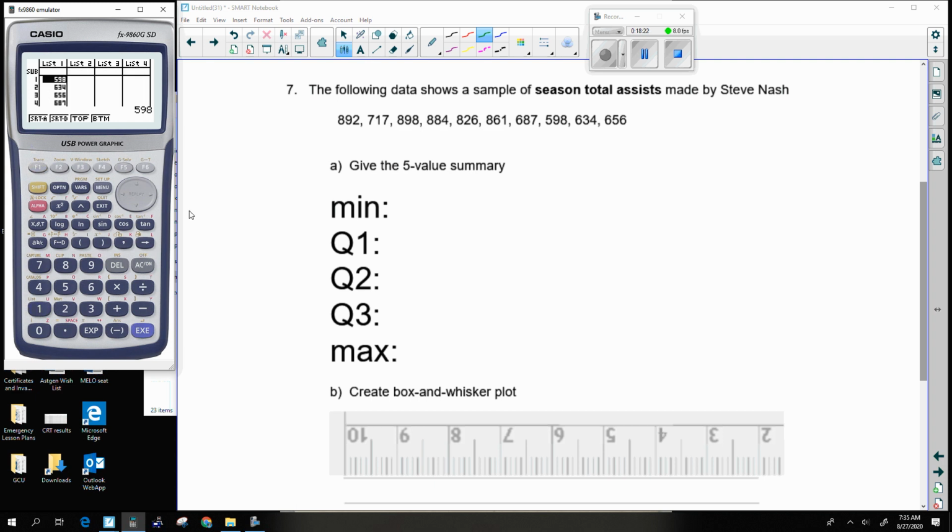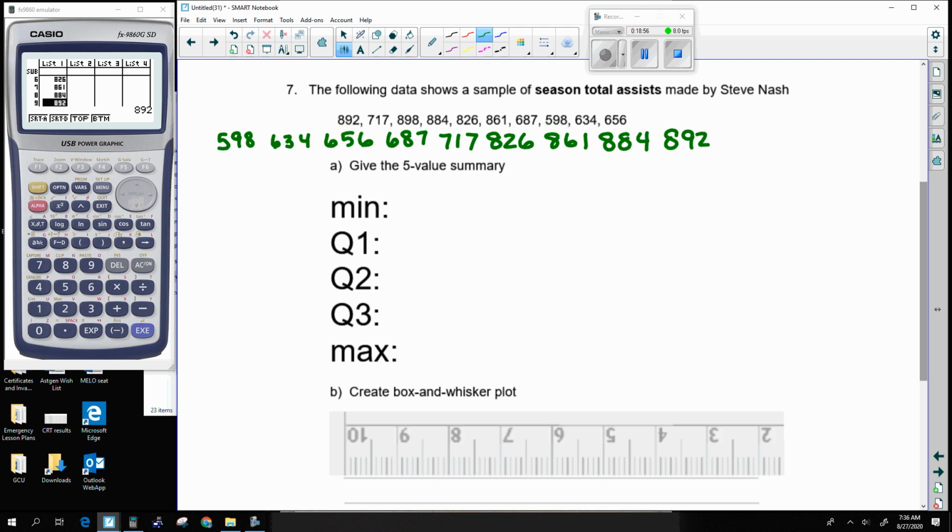And here's one where you physically should write down the numbers in order. I have 598, 634, 656, 687, 717, 826, 861, 884, 892, and 898.